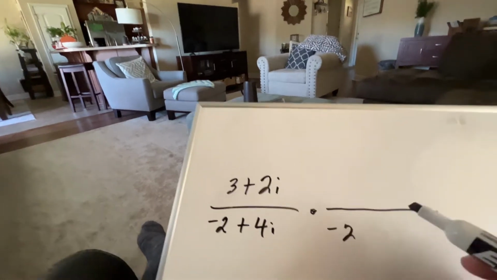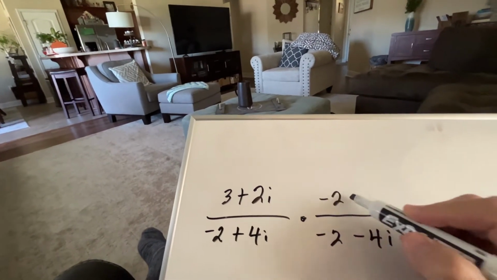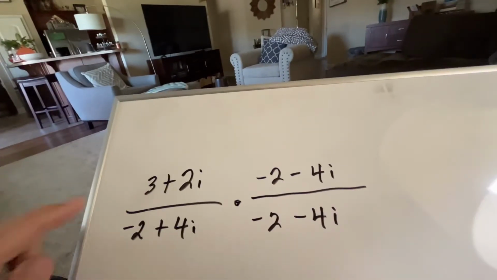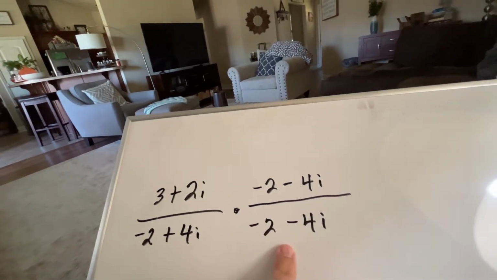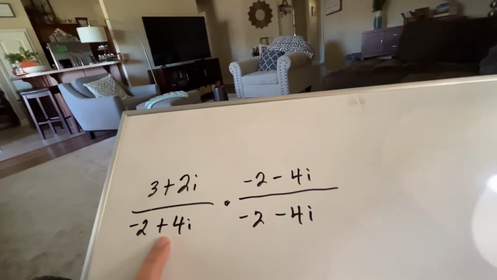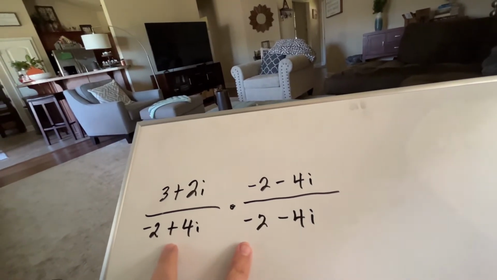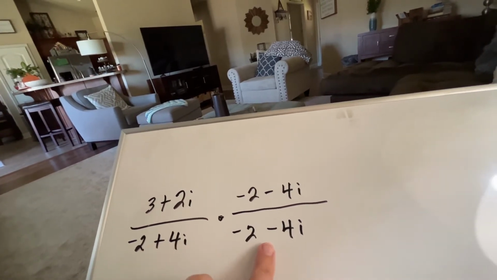I'm going to multiply both the numerator and the denominator by the complex conjugate of the denominator.